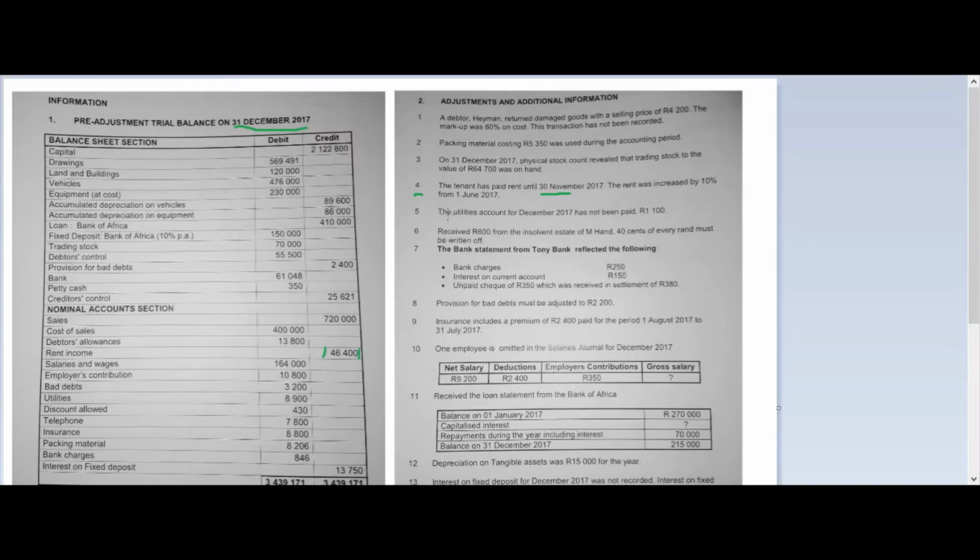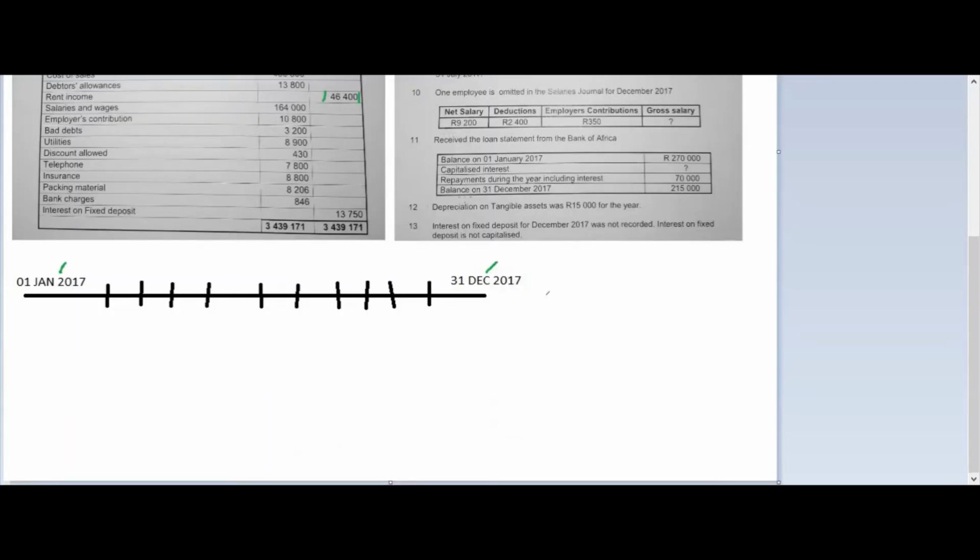I'm going to go through this adjustment point by point, just so we can know how we're going to calculate this type of adjustment. The first point: the tenant has paid the rent until 30 November 2017. I'm going to look for November on my timeline.